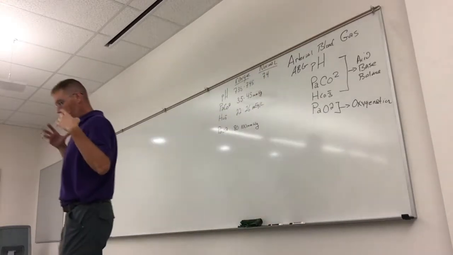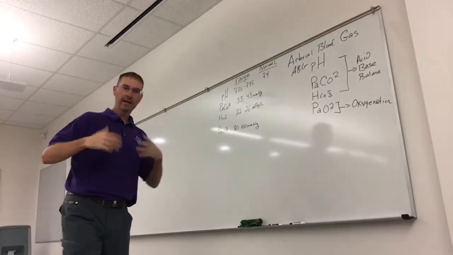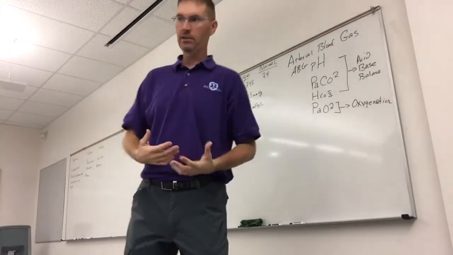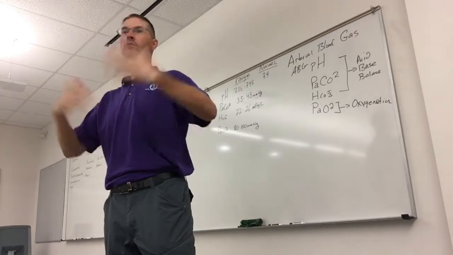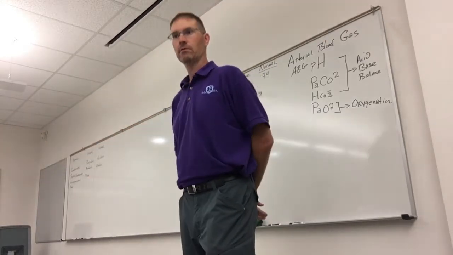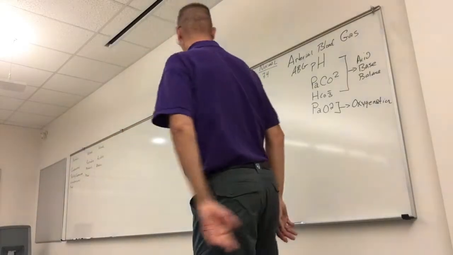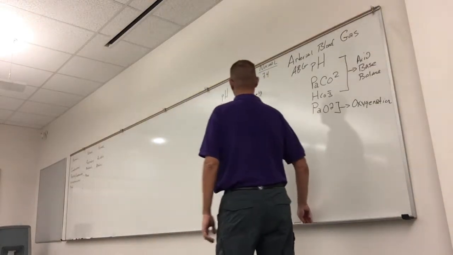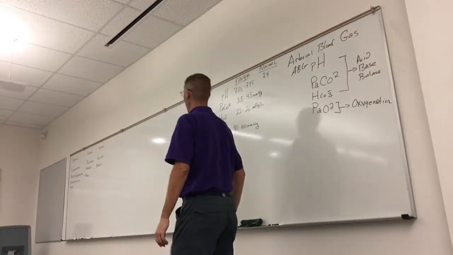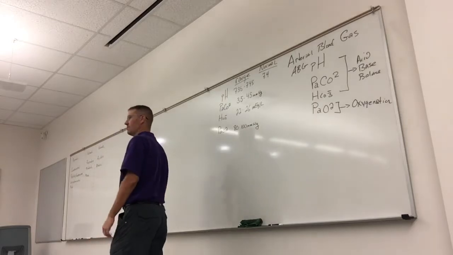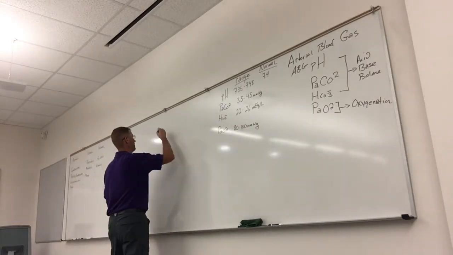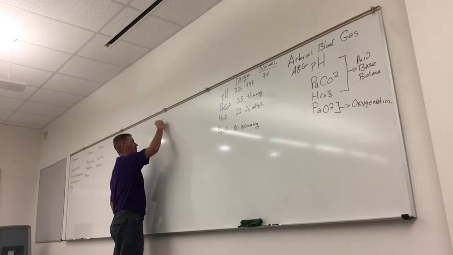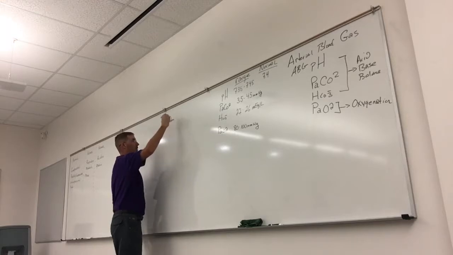So, there are essentially two ways that I can develop an acid-base imbalance in the body. And then you can combine those two ways. So far, so good? So the first way is I can have an acidosis or an alkalosis that is related to the respiratory system. Are you guys okay with that?